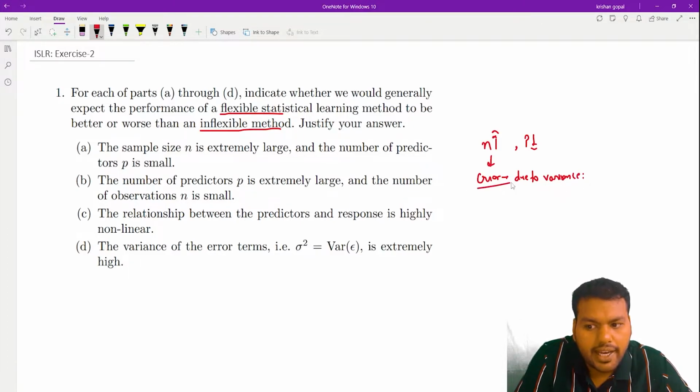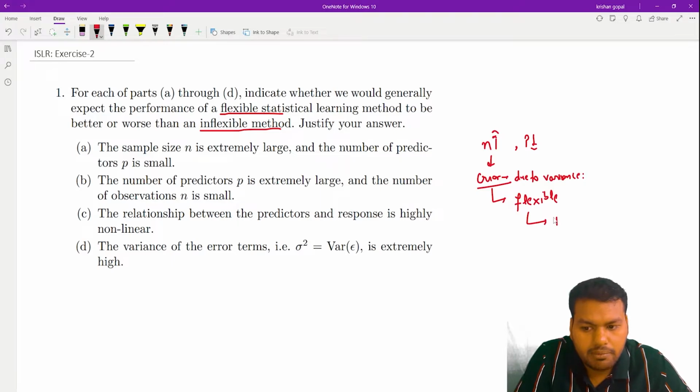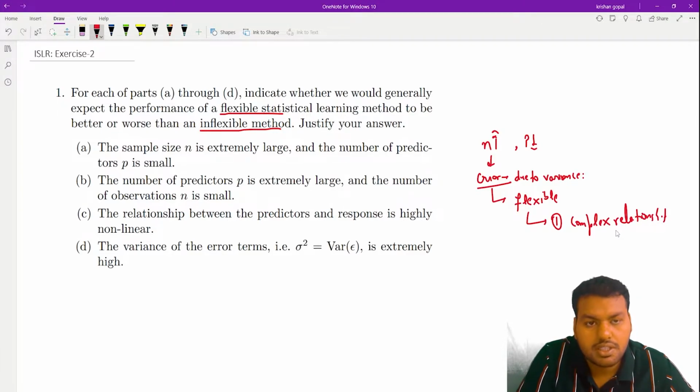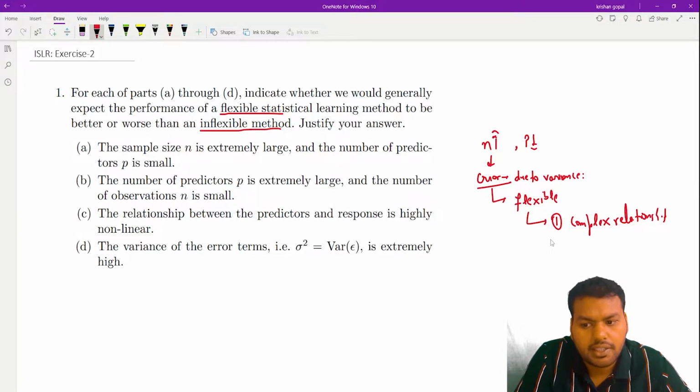To reduce this error, we should use flexible methods here, because a flexible method can capture a complex relationship between the predictor and the response if the data set has one. Here the number of predictors is small, so we need not worry about the computational cost. So we can use the flexible method compared to the inflexible method. In this case, the flexible method works better.